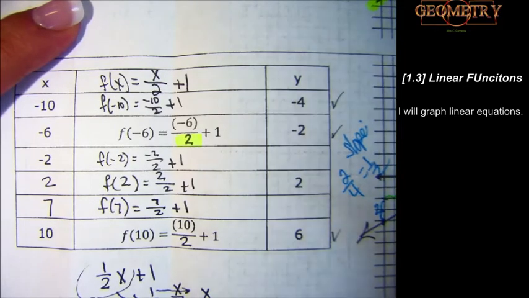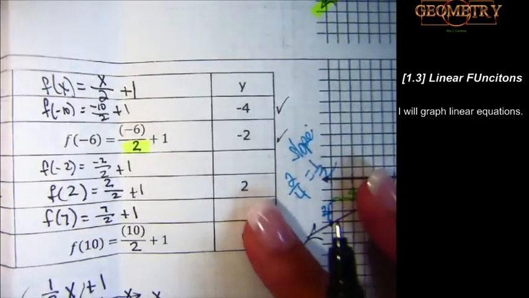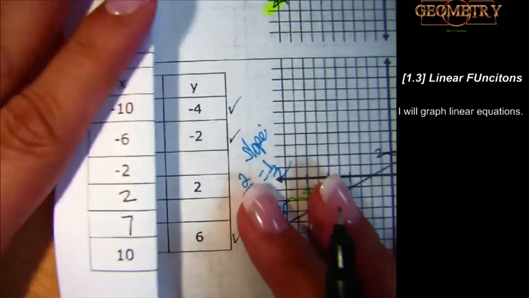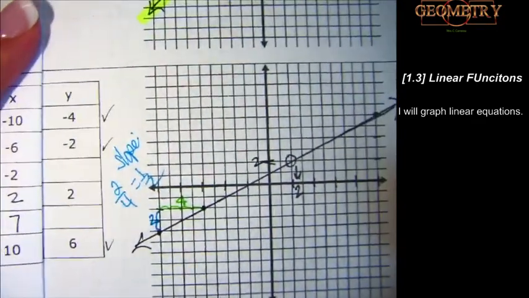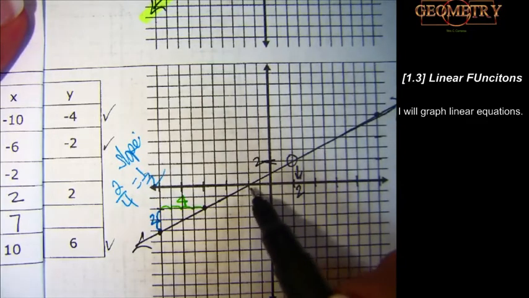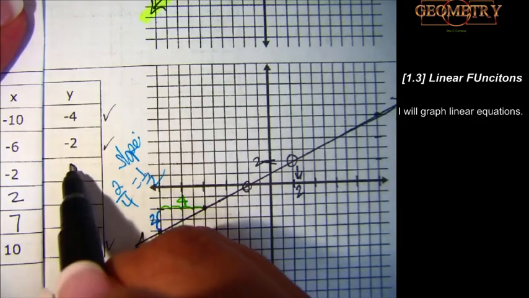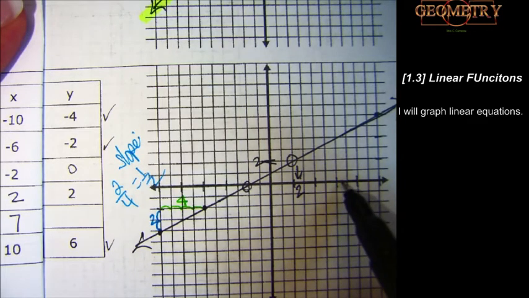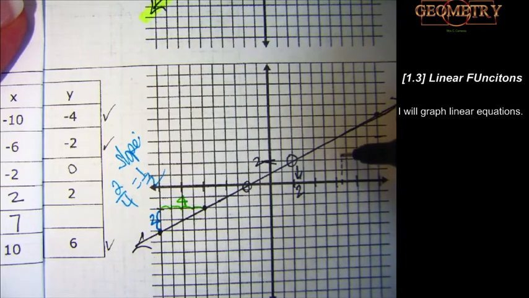I could go through and manually calculate them all, or I can decide to be a little lazy and instead go to the graph and read where x is -2, y is 0, and where x is 7. What number is that? 4? 1, 2, 3, 4.